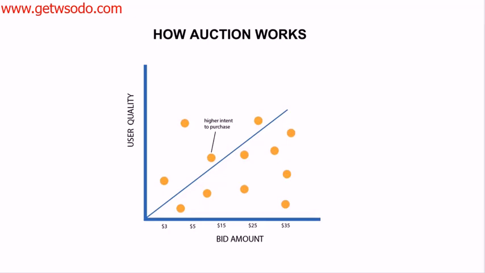So there's a lot of people that your ad is not being shown to, even though they have a higher intent to purchase and may convert a lot easier, because there's other advertisers outbidding you and you don't really have that budget, and Facebook is trying to get you the best, cheapest result. That's the intent when you launch with an automatic bid.